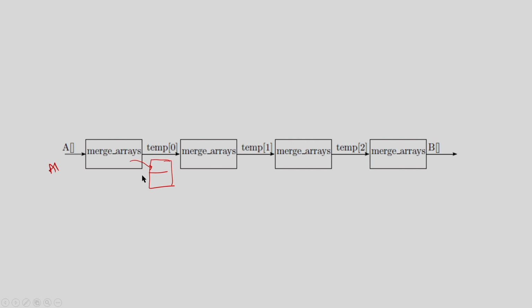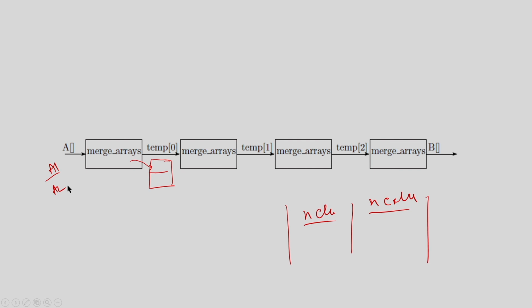Okay. So, in the first n clocks, it will take A1 and sort all the individual elements and create that merge by 1 array into temp 0. So, this is for the first n clocks. Then for the next n clocks, I am going to take array A2.